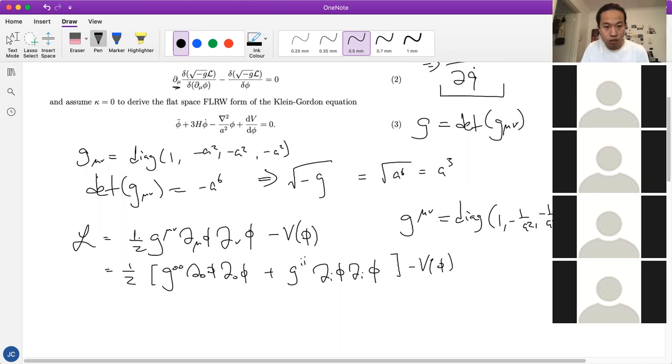So d0 is just the time derivative, so these 2 are just going to be phi dot. And these di phis are going to be just the gradient, so these are grad.